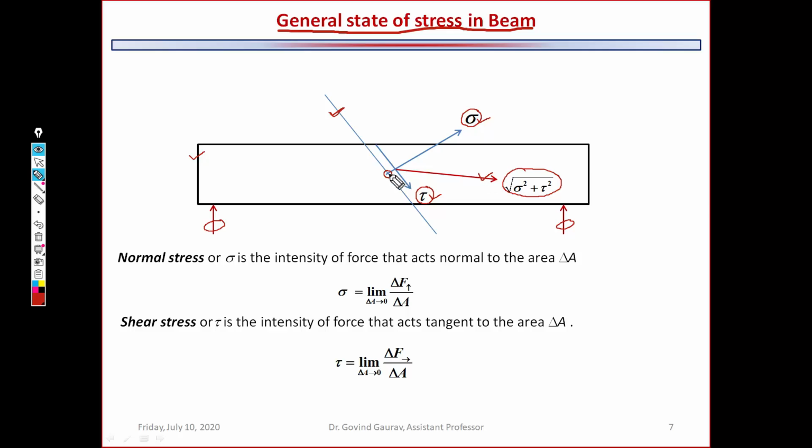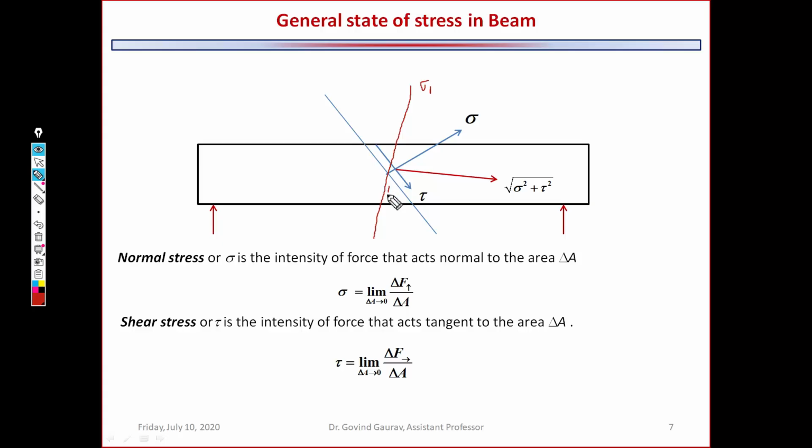So the resultant that is acting at a particular point, say this point represented by point P, is the square root of sigma square plus tau square. Again, we have chosen this particular plane. With that, we have got the value of the resultant that is acting at a point. If we choose a different plane, say this plane, then we will again have different values of sigma, say this value is sigma 1.